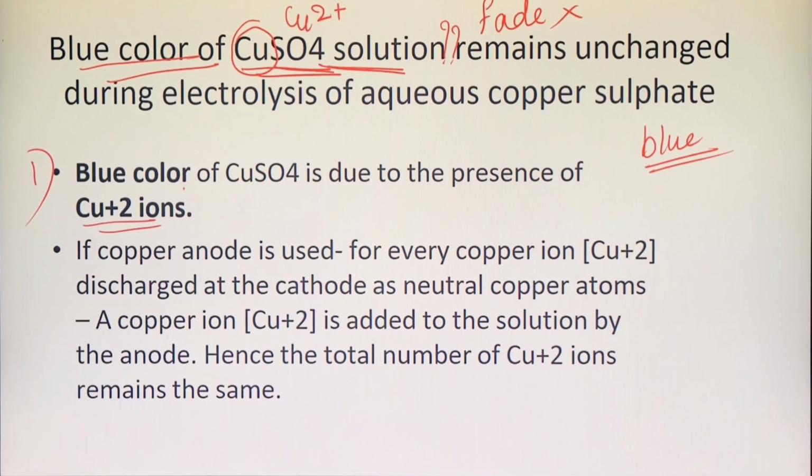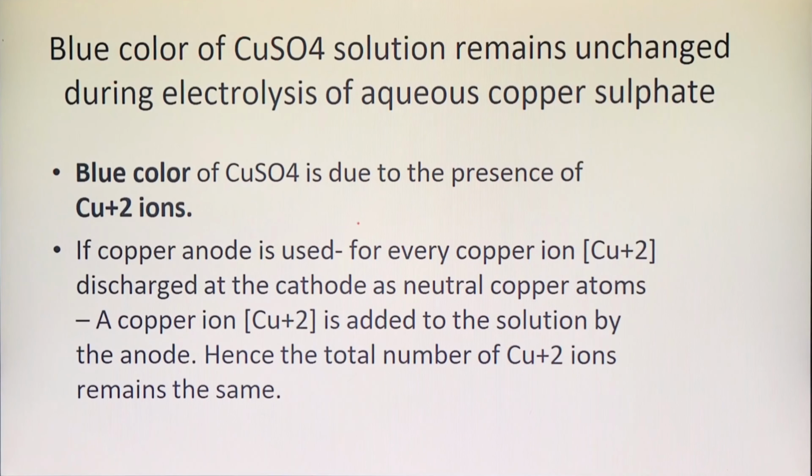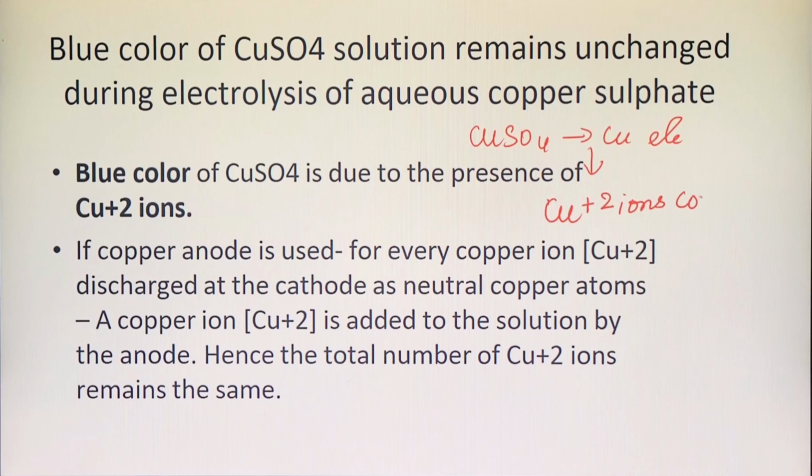So whenever I am doing electrolysis of copper sulfate using copper electrodes, remember one line. The concentration of Cu2+ ions does not change. Am I clear, children? Please remember this sentence. You have to write this in the exam.